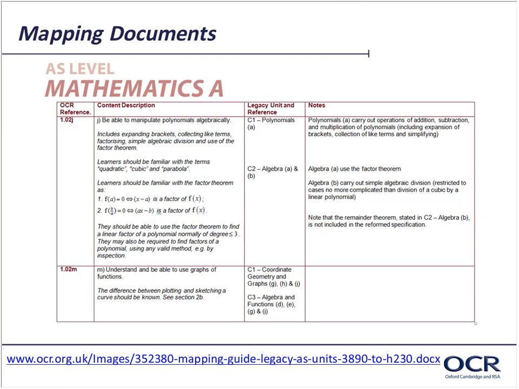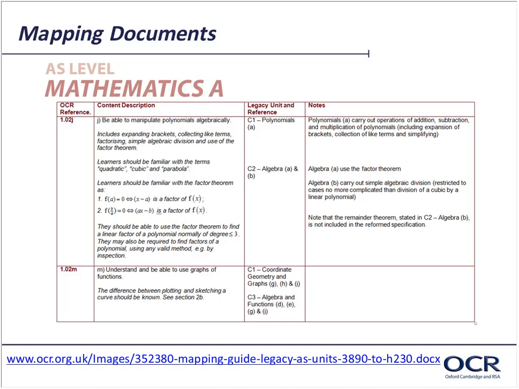Because there is some moving around. Although I said the core, the pure maths, is focused on core 1 to core 4, the AS content is not necessarily limited to C1 and C2.